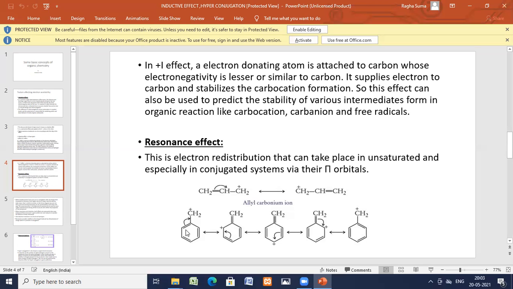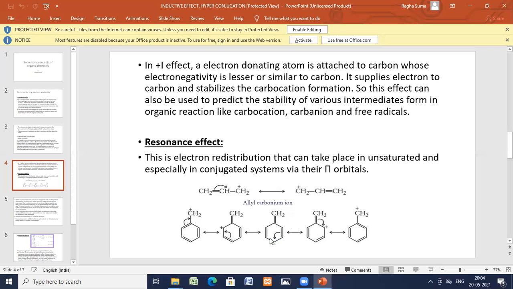Next, canonical structures should not differ much from each other. The lowest energy, or the most stable canonical structure, contributes more towards the resonance hybrid structure. Charge separated structures are less stable and contribute less to the resonance hybrid.